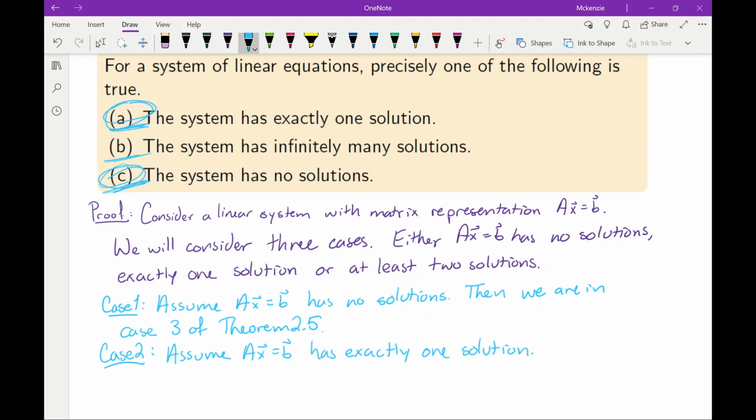We're already in case A. So actually, let's fix this. See, we can always edit proofs. We can always go back. So we are in case C here, and in this case, we are in case A of theorem 2.5.